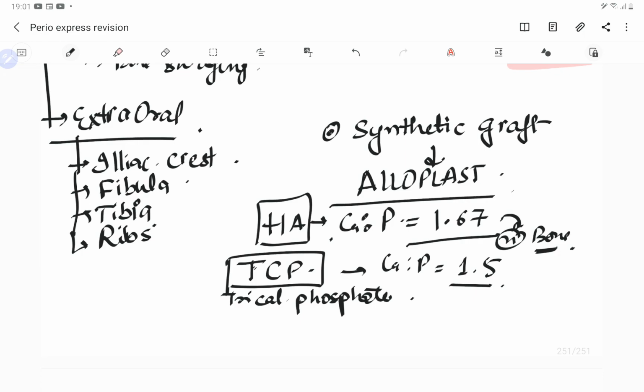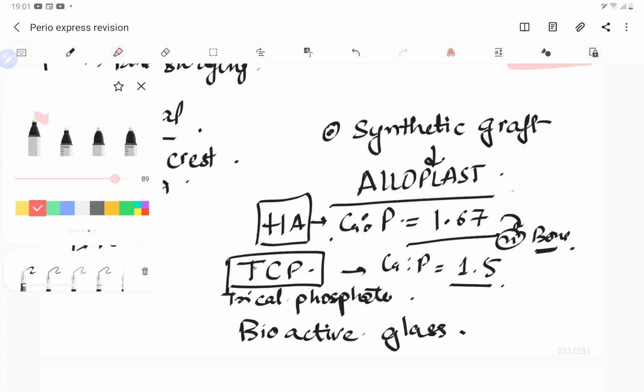TCP is at least partially bioresorbable. Also we use calcium phosphate cement or bioactive glass. Bioactive glass is also used as an alloplast. So these are the alloplasts.